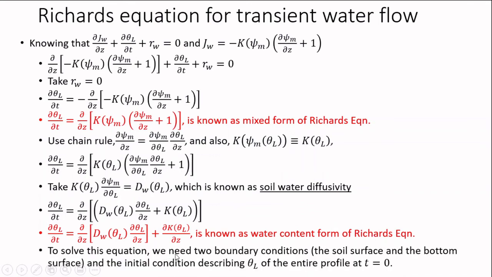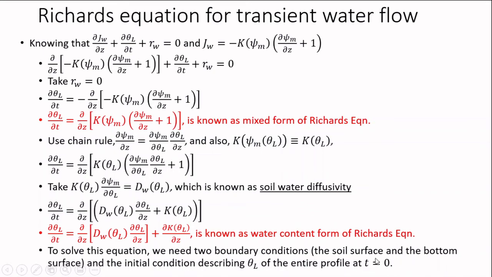Right? To solve this equation, we need two boundary conditions. So you look at here, you see this is z direction. Z direction basically means referring to the vertical soil. So we need two boundary conditions, one at the top surface and one at the bottom surface, and also the initial condition describing the water content of the entire profile at time t0.